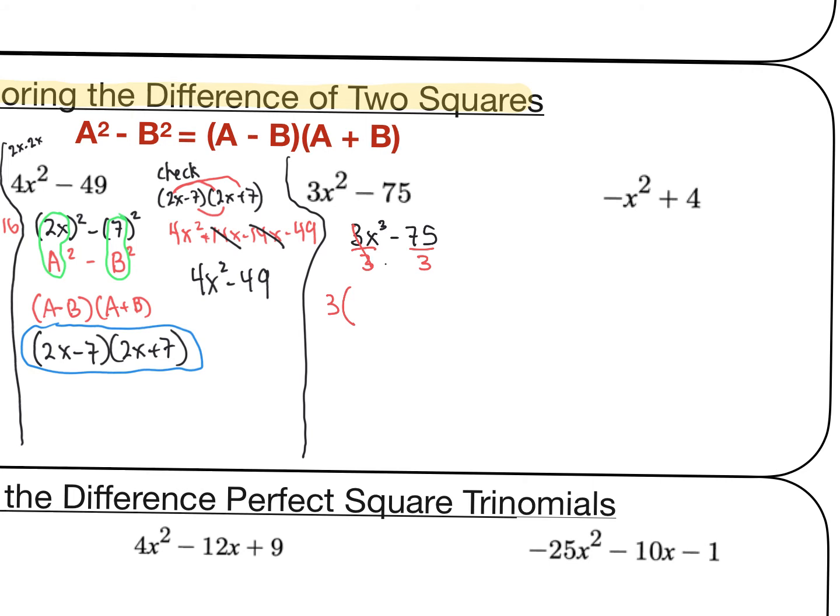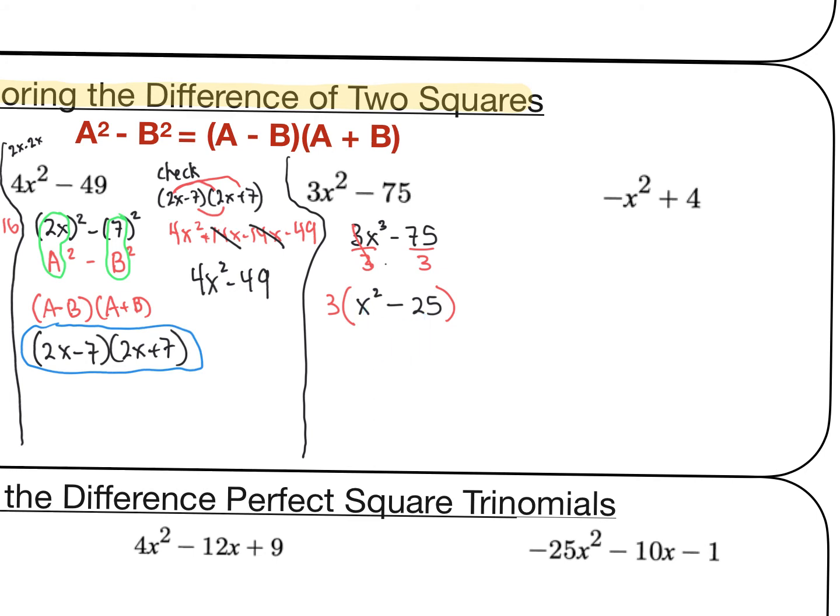Those cancel out. So I just end up with x squared minus, and then 75 divided by 3 is 25. And now I have something that can be considered the difference of two squares, because this is a perfect square, and this is a perfect square now.